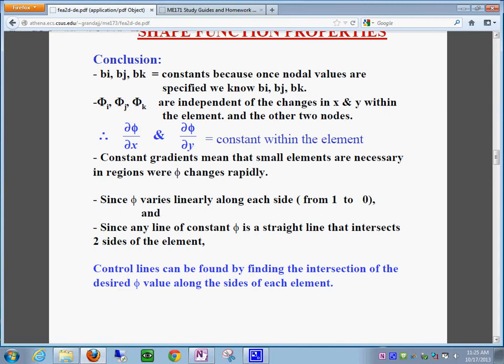Well, that's the other thing. You see, phi varies linearly along its side from 1 to 0.